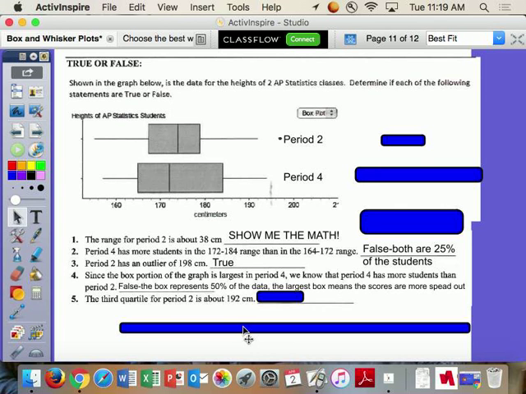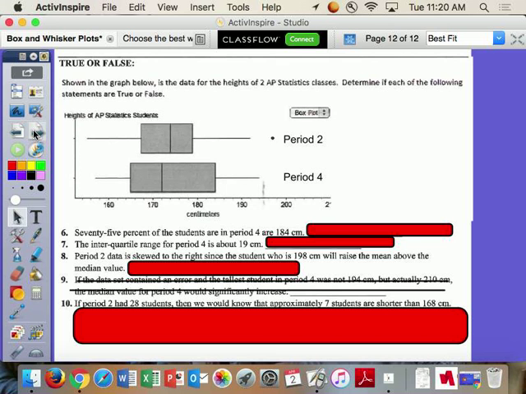The third quartile for period 2 is about 192 centimeters. So the third quartile, 1, 2, 3. That's false. All right, last one. 75% of the students in period 4 are 184 centimeters.